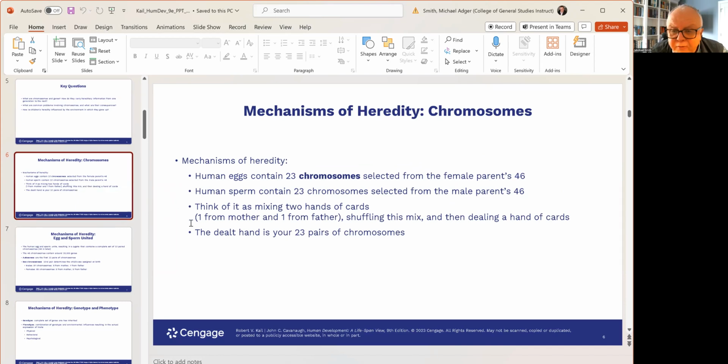When we talk about heredity, of course, we're talking about the things that get passed down from generation to generation. You will see a lot in the newspapers recently where they talk about the fact that they found human beings that still had some of the chromosomes, some of the genetic material, of the Neanderthal, one of those we would call cavemen in the past.